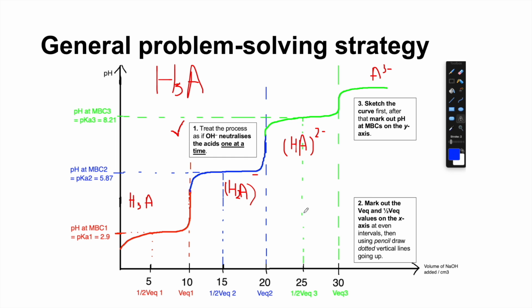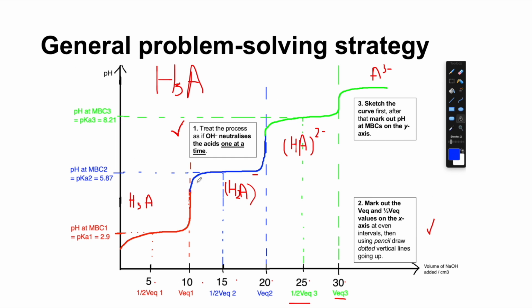Then after that, what I do is I mark out the equivalence volumes, and to help me out, I just label them as equivalence volume or half equivalence volume. I just mark them out, and then I use the pencil to draw dotted lines going up. And then the third thing, I've done the second thing, yay, okay.